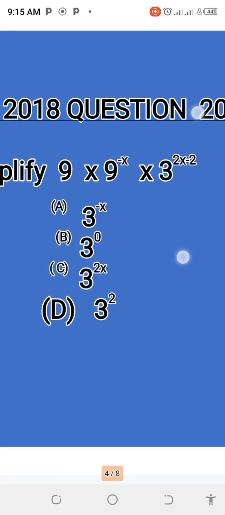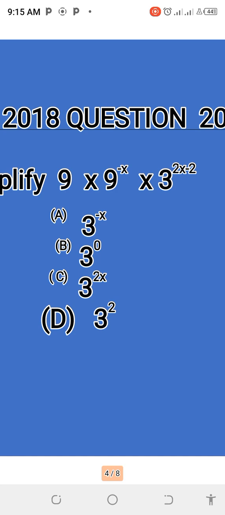So this one is also testing multiplication of numbers with the same base, negative powers, and also the division law. So let us see what we are going to do.